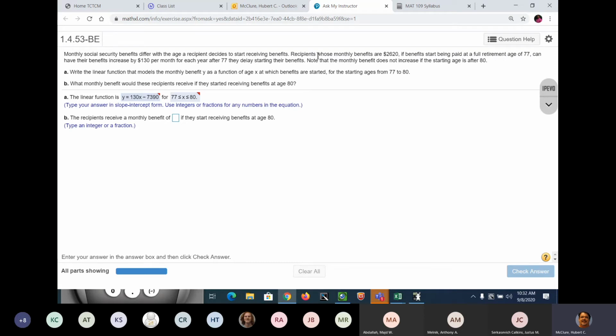I don't know. Write a linear function that models the monthly benefits as a function of x, where benefits are started from the age of 77 to 80. Monthly Social Security benefits differ with the age recipients decide to start receiving benefits, 2620.